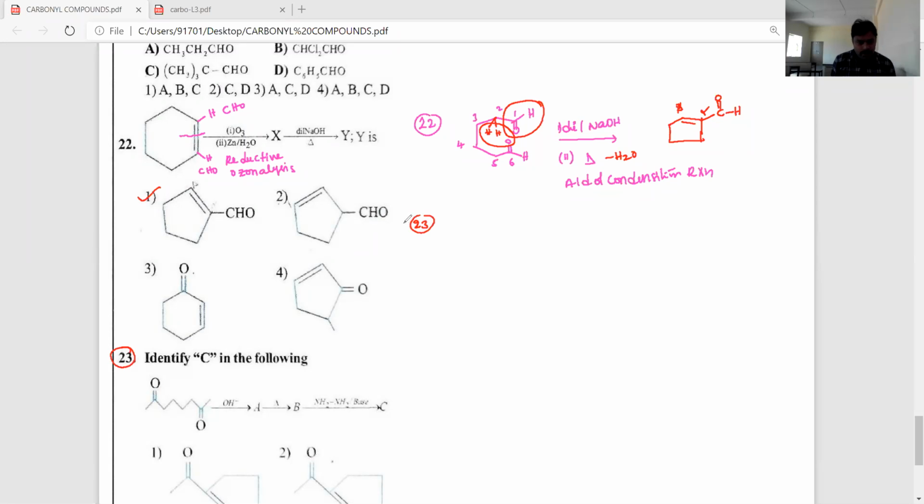In the 23rd question, 2 methyl ketones are present. The total number of carbon atoms are 1, 2, 3, 4, 5, 6, 7, 8. 8 carbons are present and C double bond O groups are present at the 2nd and 7th carbon. First we treat with base followed by heating, which means aldol condensation reaction. So in the middle, 1, 2, 3, 4 carbons are present.